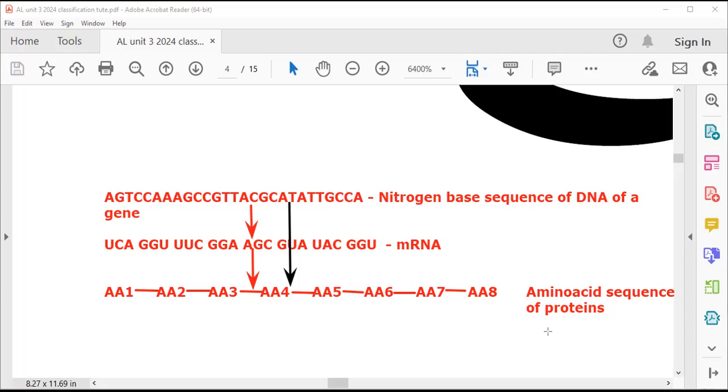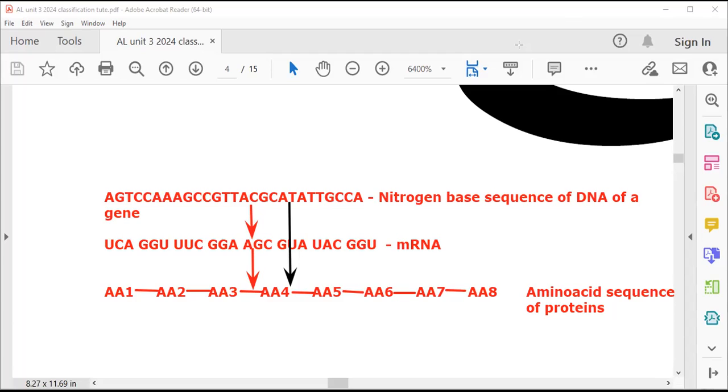Right. So remember, every gene has a specific nitrogen base sequence. If the nitrogen base sequence differs, that means it is turning into another gene. Understood? Yes, sir.